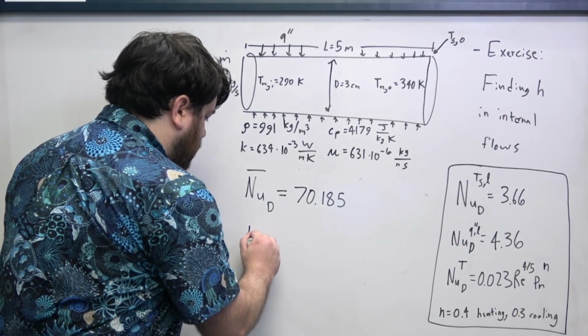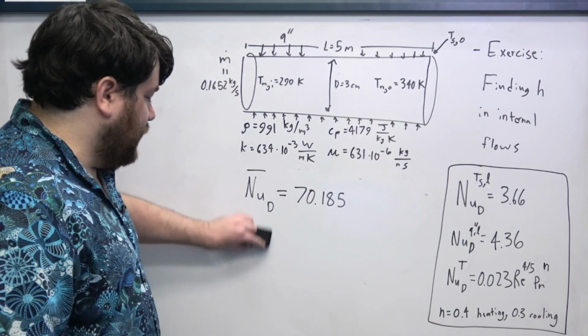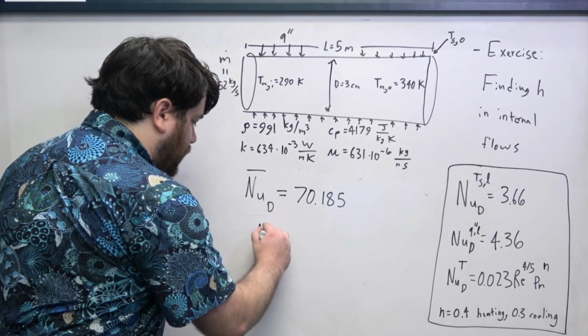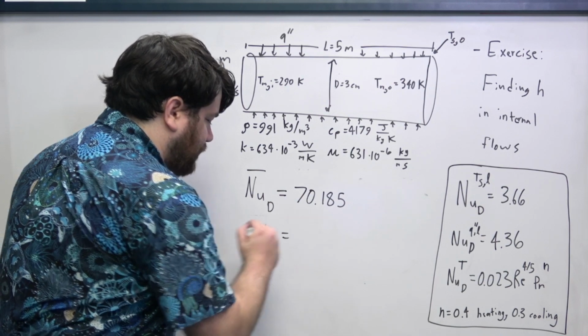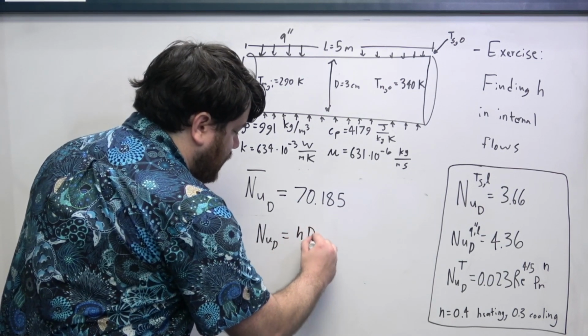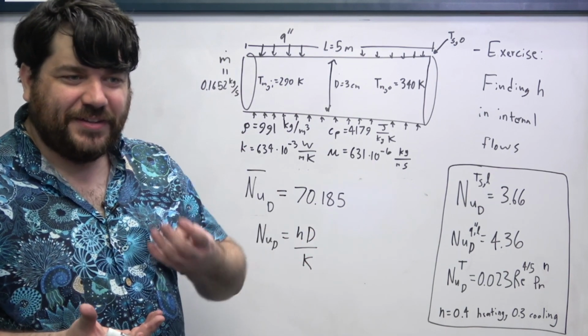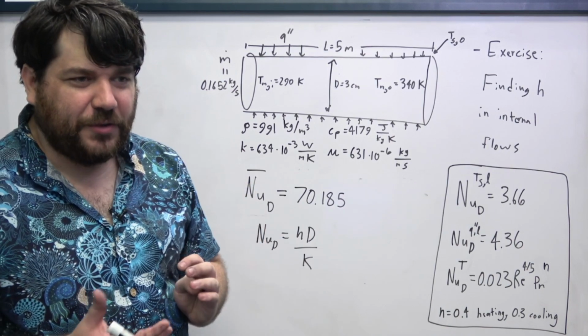Simple. The same exact way that we did it before. We know that the Nusselt number is defined as h times D over k. We're using the D because remember that D is the length scale that shows up for this particular problem.